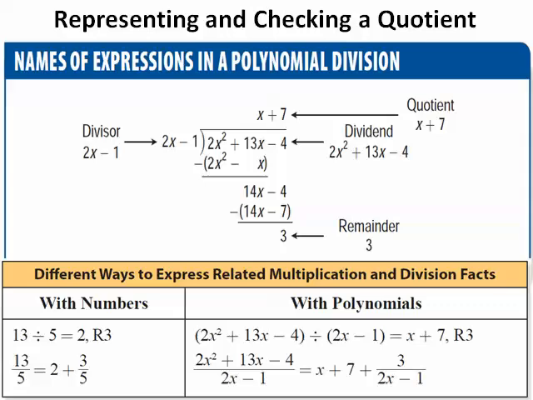Okay? Let's give some names here, because saying here and there and everywhere else makes it a little bit weird. So what we're looking at is this point right here. This would be the divisor. This is my quotient.